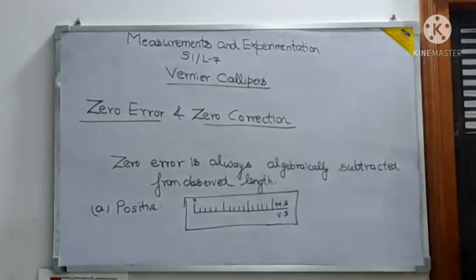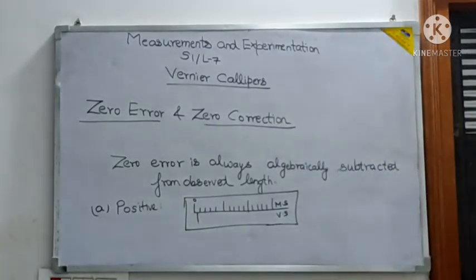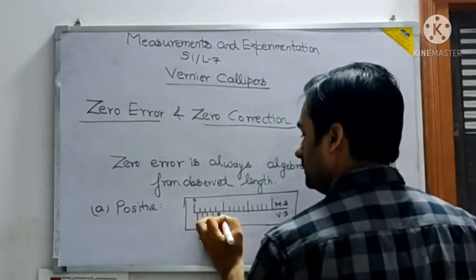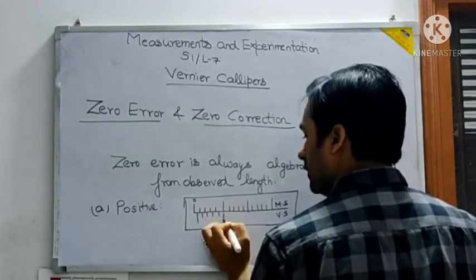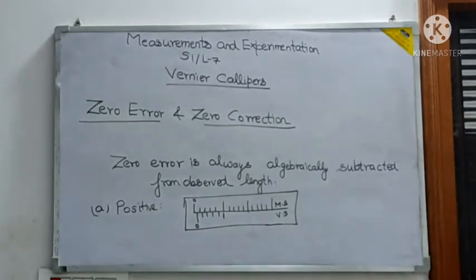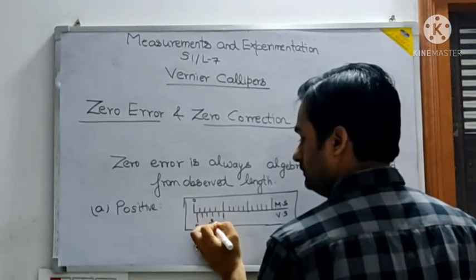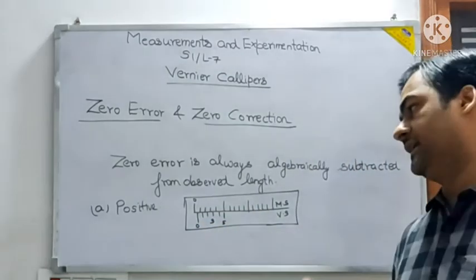This is not as per the scale, I am drawing it freehand only. And this is the vernier scale 0. So 1, 2, 3, 4. This 3 and 5 is not written, I am just writing it here.